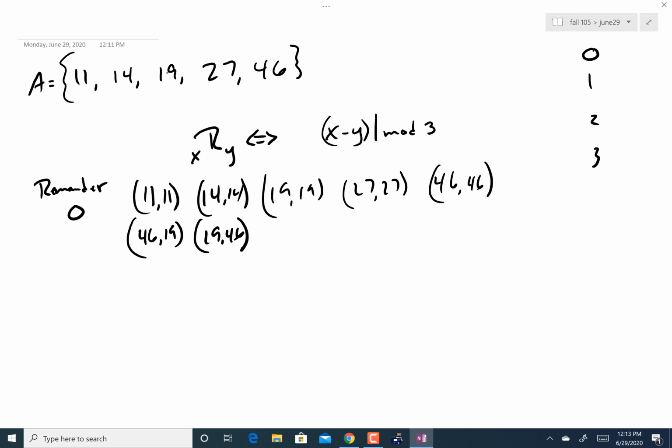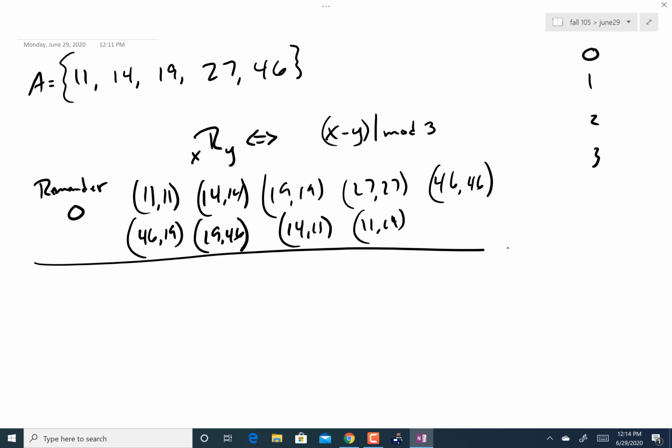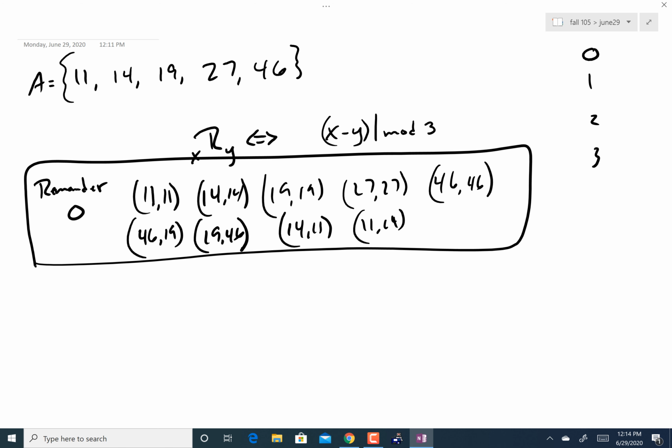No. 19 minus 14 is 5, and 19 minus 11 is 8, and 14 minus 11 is 3. So 14 and 11, and 11 and 14. All of those will get you either 0 or a multiple of 3 when you subtract. Therefore, when you divide by 3, you'll get a remainder of 0. This is the equivalence class of remainder 0.